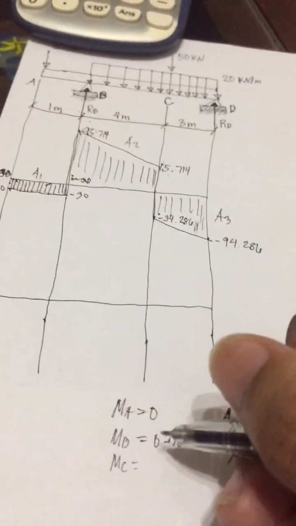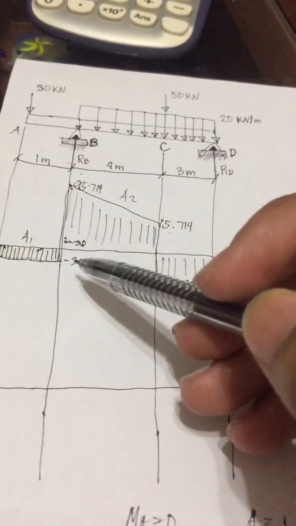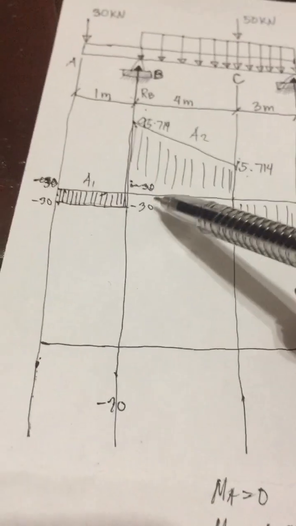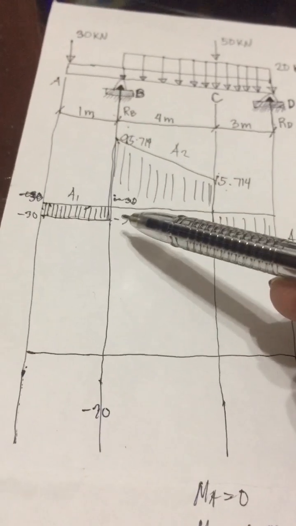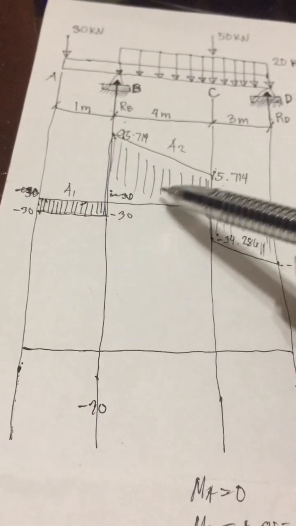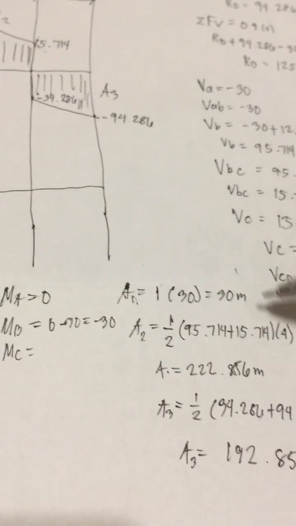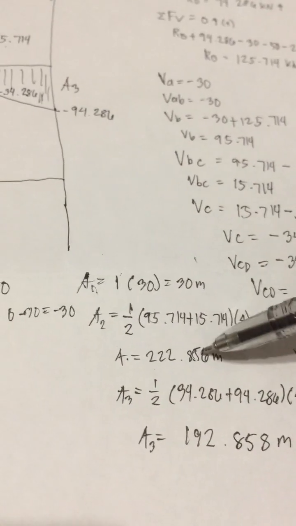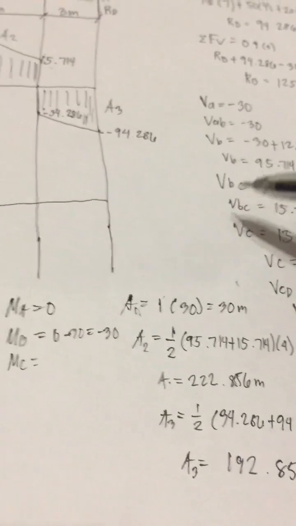That's why it is equal to negative 30. Then our moment for C: from negative 30 to C, we have the area of our area 2, which is equal to 222.856 meters.